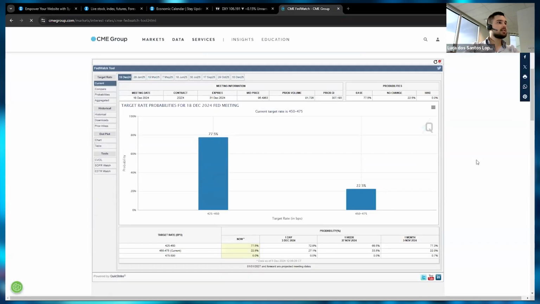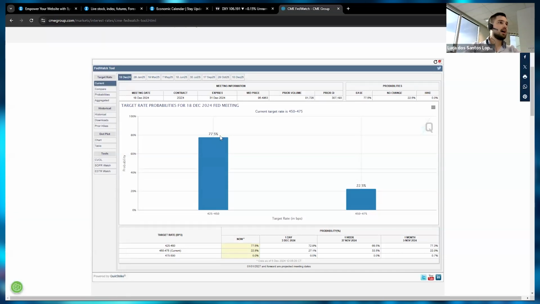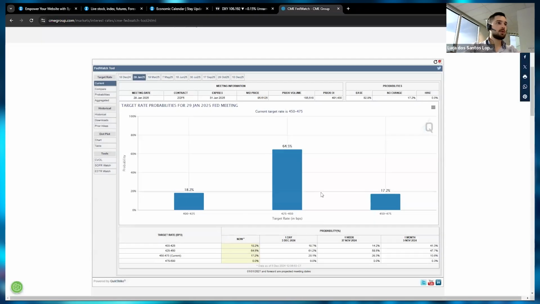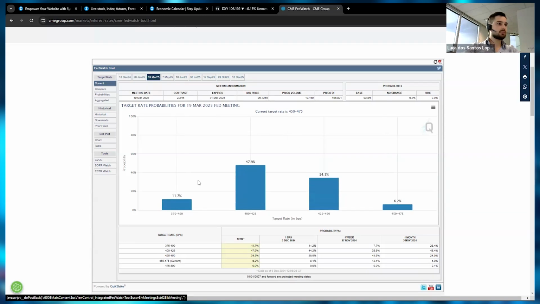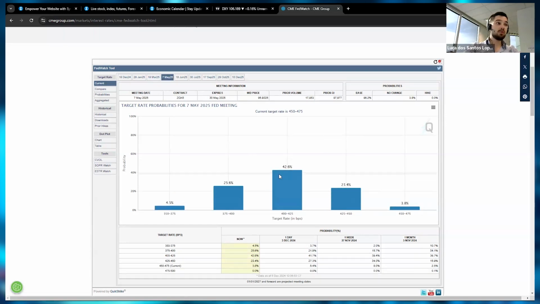So the market is expecting a 25 basis point cut from the Fed on the 18th of December. And then on the 29th of January, the market is expecting another 25. On the 19th, another 25. And in March, sorry, another 25. And then May, a pause.